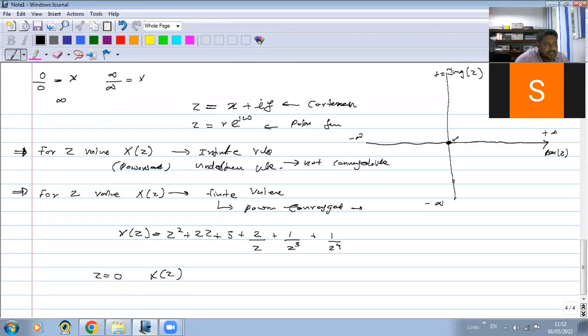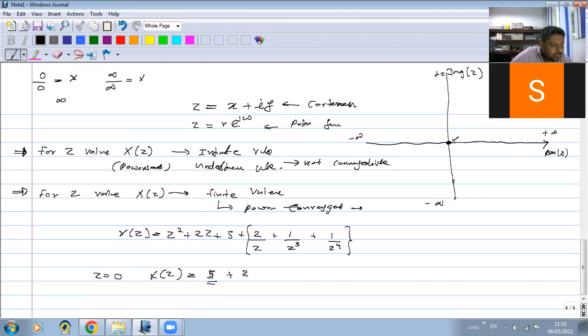I think you can see my screen now. So let's substitute and see what happens. Here z is 0, and 0 squared you will get 0. Here also 0, and here you will get 5. But you have to take these terms into account also.